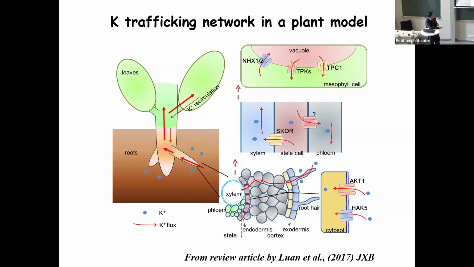One is to boost the activity of these two doors, let the door wide open, okay, activate these channels and transporters to let more potassium in, right? So that's one. And the second mechanism is to get the stored potassium out of the vacuole, right? Just like what we do for weekly shopping, right?